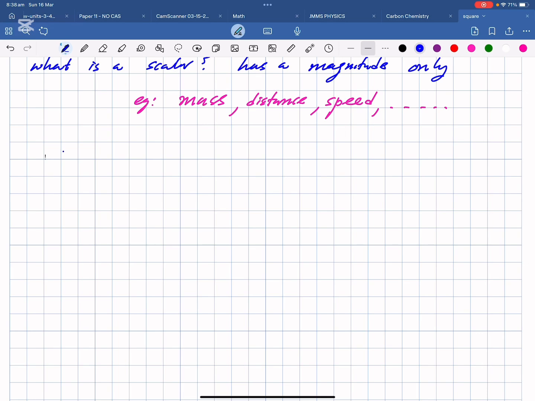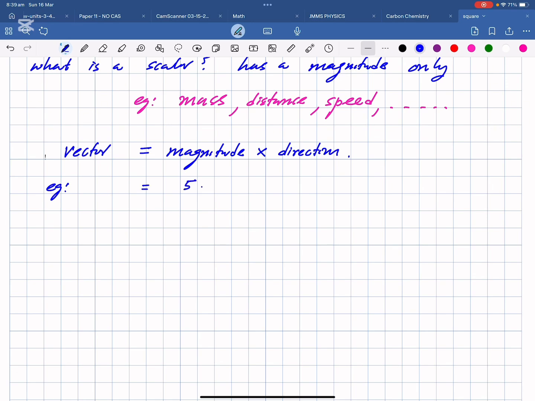Now, if you think about a vector, this vector has a magnitude multiplied with a direction. Right? So magnitude multiplied with a direction. For example, I'm going to make an example. Magnitude I'm going to give 5.